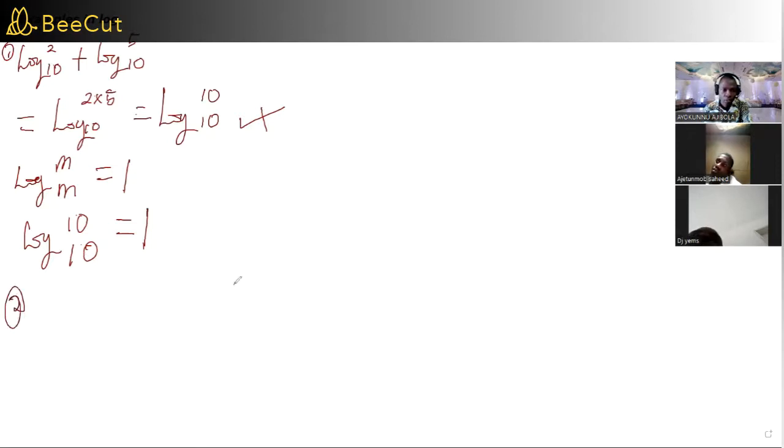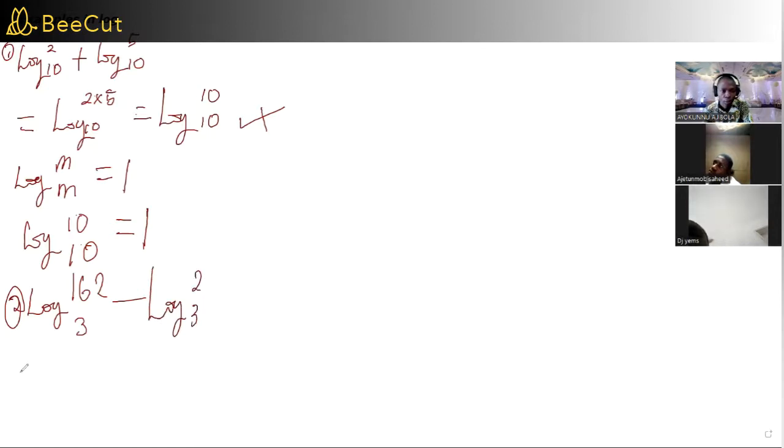So let's look at more examples that will lead us into combination of the logs. Let's assume we have log 162 base 3 minus log 2 base 3.